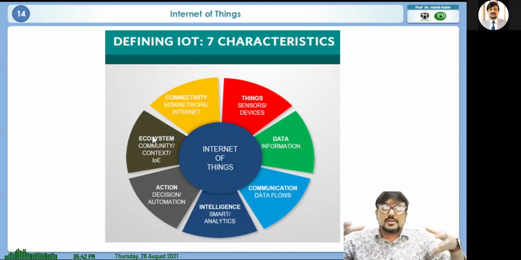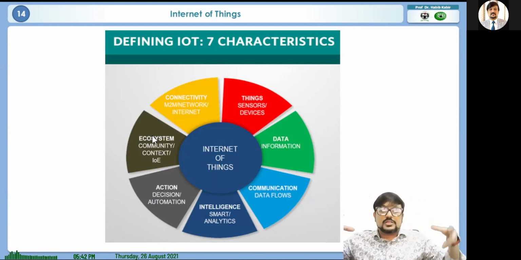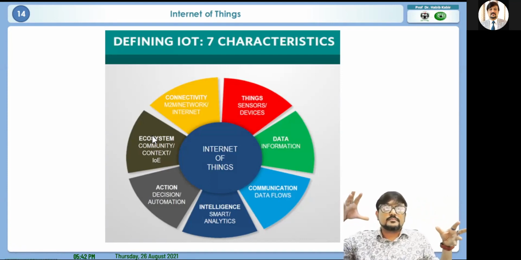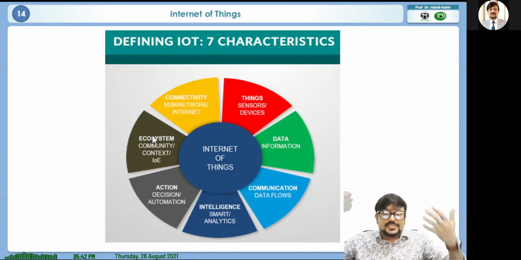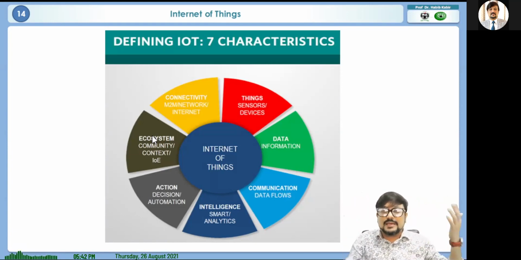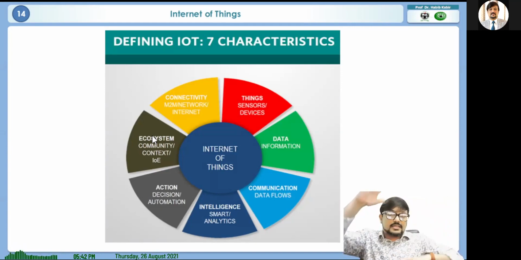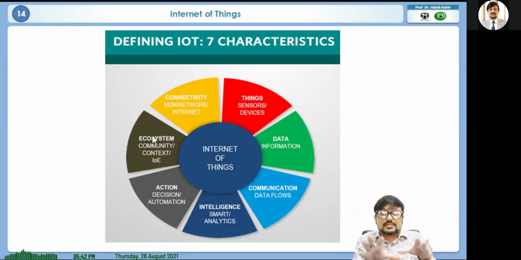If you think about garments automation, the ecosystem is within the garment. If you think about automation for a hospital, because the ICU doctor cannot be beside all the patients, the sensors for oxygen level, lung level and other things will give you the ecosystem for the hospital. So this ecosystem we need.